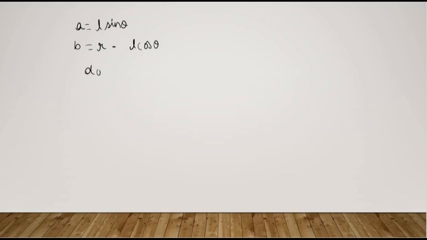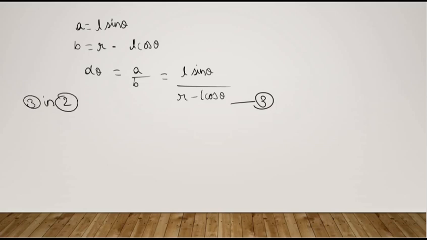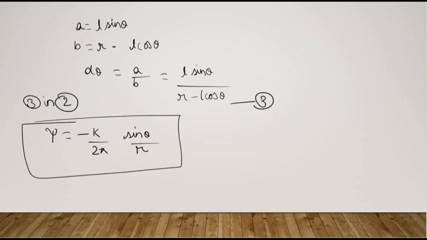So d theta would be A by B. Let us say this is equation 3. Now let us substitute equation 3 in 2. So upon substitution and mathematical manipulations, I would get the stream function as kappa by 2 pi sine theta by R. This is our equation 4.